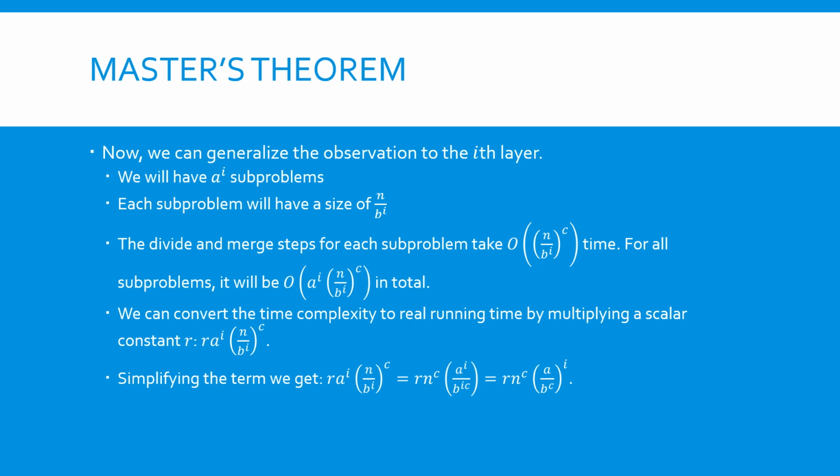Because the size of the original problem is also reduced i times, each by a factor of B, the subproblem size will become n/B^i. In this case, the divide and merge steps for each subproblem will take O((n/B^i)^C) time.